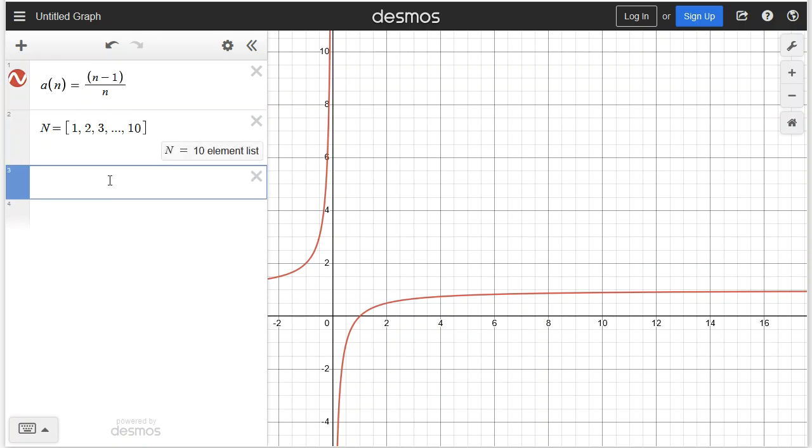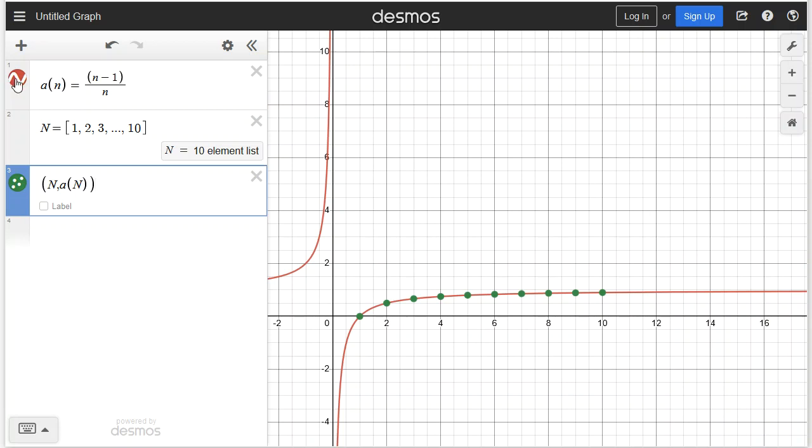Now I'm going to come down here and I'm going to ask Desmos to plot some points. So the input of the point, the x value of the point, is capital N, and the output of that point is a of capital N. There's my point.